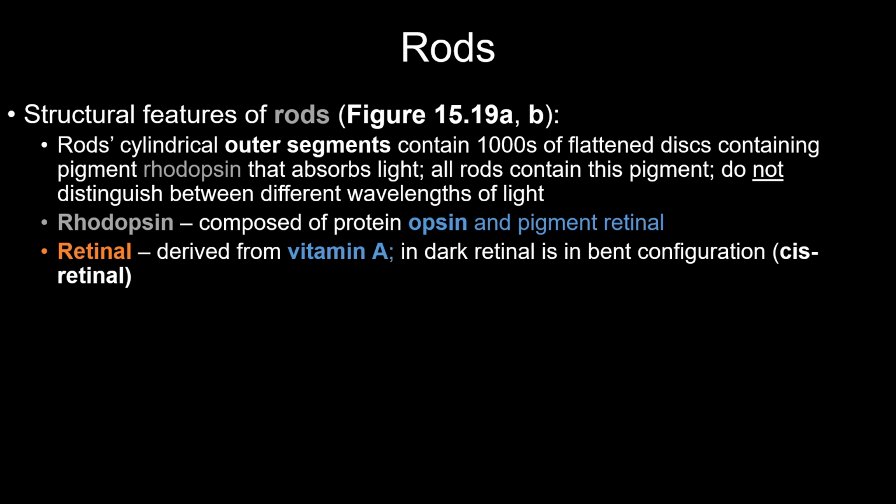However, rods are extremely sensitive to dim light, and so our night vision is almost entirely due to rods. The difference between rods and cones explains why objects appear fuzzy and in grayscale at night. The cones are essentially non-functional, and rods produce low acuity grayscale images.